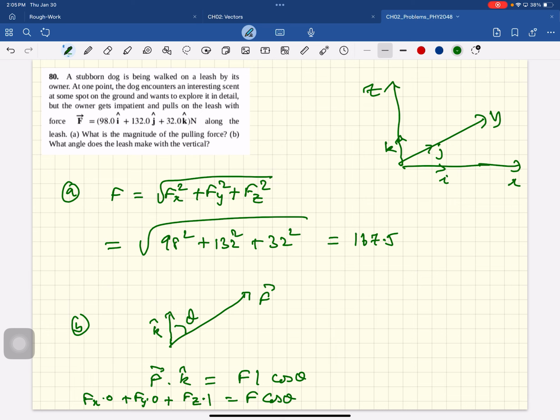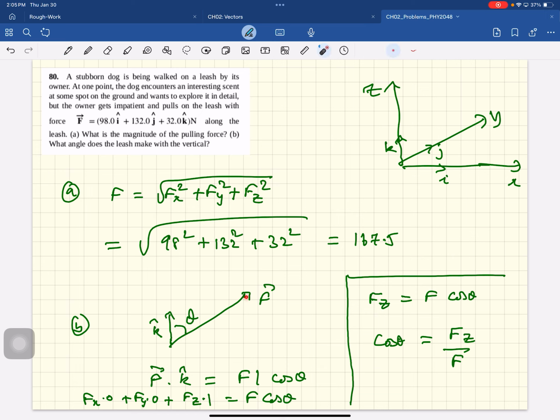So make sure you go home and study that carefully. So Fz is equal to F cosine theta. So the trick is the following: cosine theta is Fz divided by F. So for a given vector, if you want to find the angle with respect to an axis, the cosine of that angle is the component of the vector along that axis divided by the magnitude of the vector.